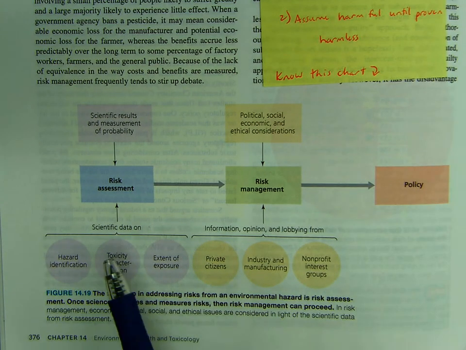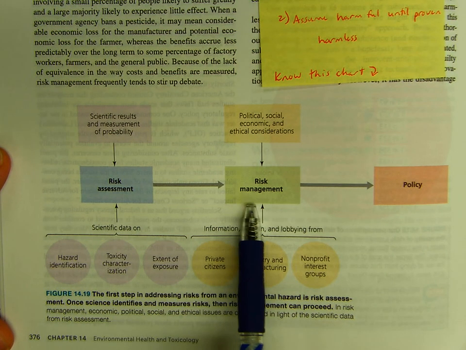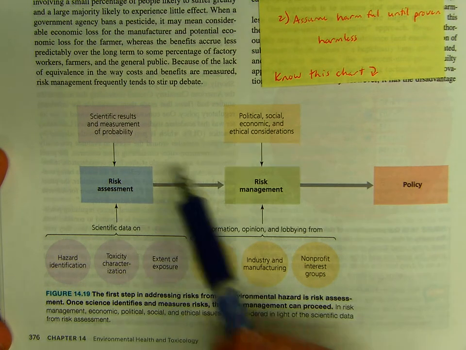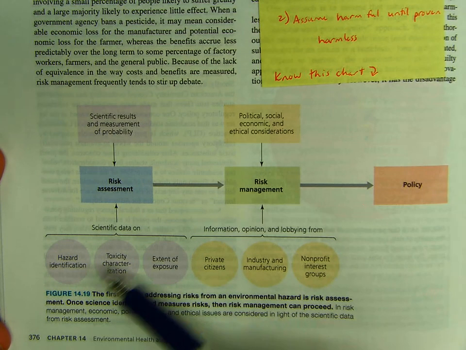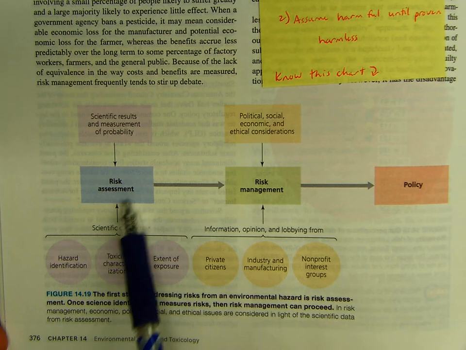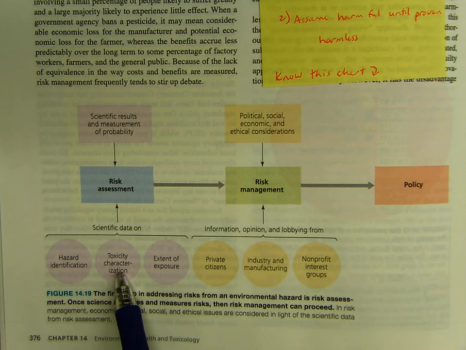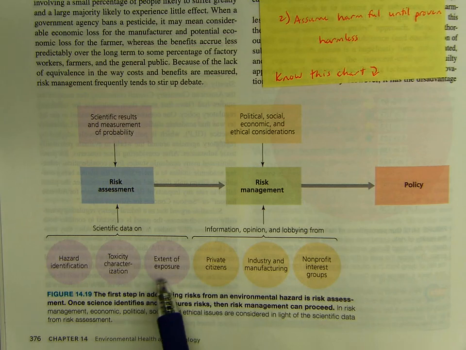You can see the risk assessment going into the risk management, which leads to policy. You can see what's impacted and goes into each of these. Scientific results and measurement of probability go into the risk assessment: hazard identification, toxicity characterization, the extent of the exposure.